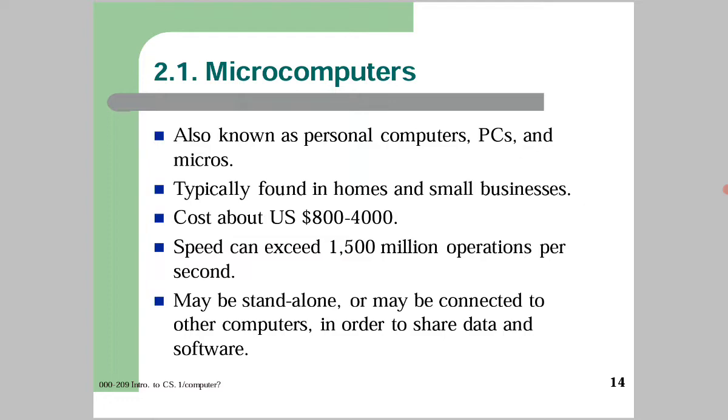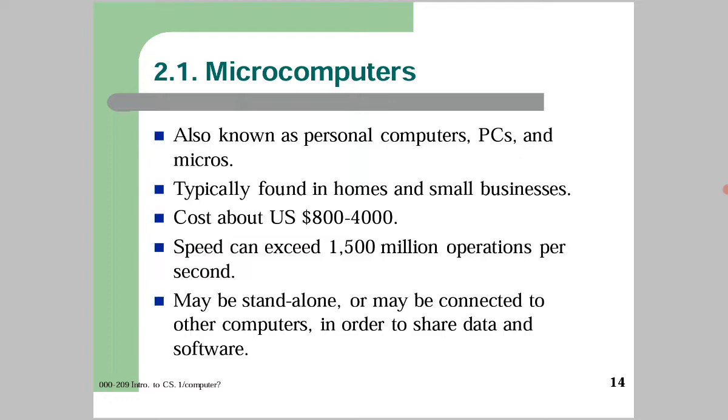Generally, the speed of a computer is measured in megahertz. Megahertz means millions of instructions executed per second. What are instructions? Arithmetic instructions like addition, subtraction, division, multiplication, and comparisons like less than, greater than, equal to, not equal to, like that.